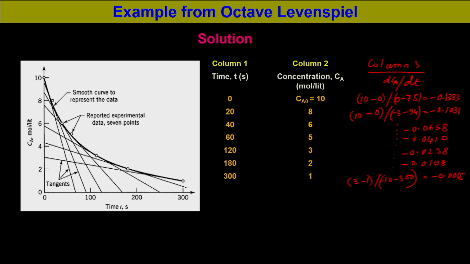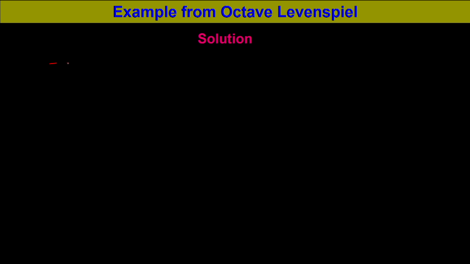So, now we need to guess kinetics, say nth order kinetics, minus R A is equal to minus dCA dt, which is equal to k into C A to the power n, and we need to take log, taking logarithm of both sides.